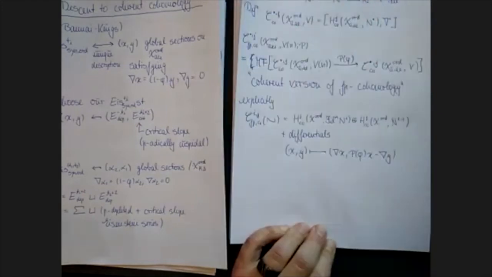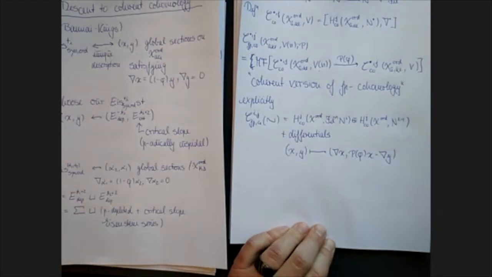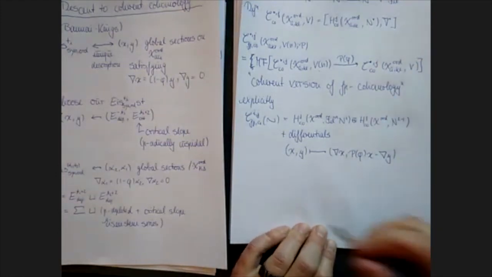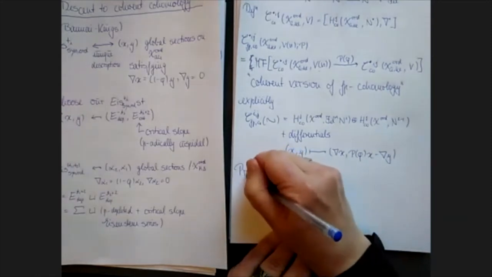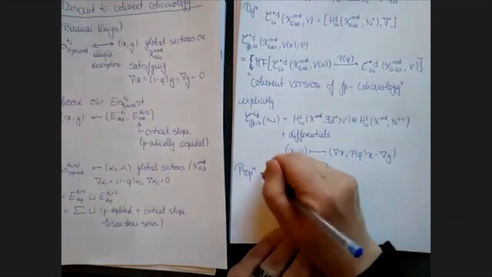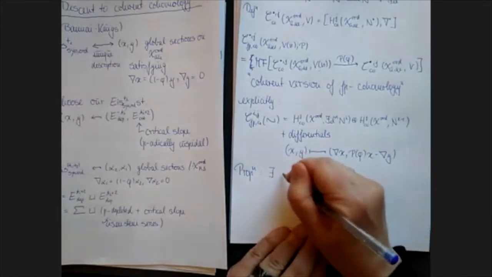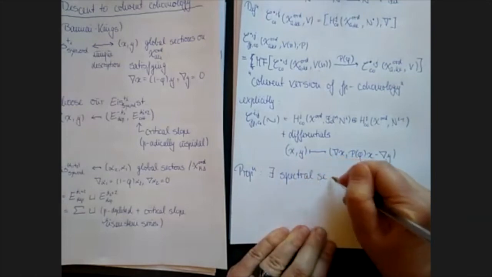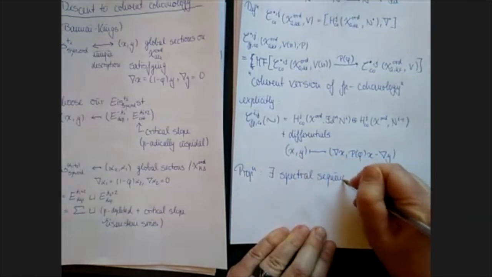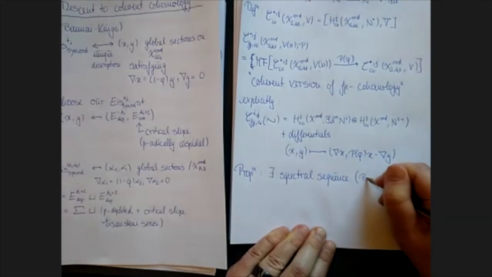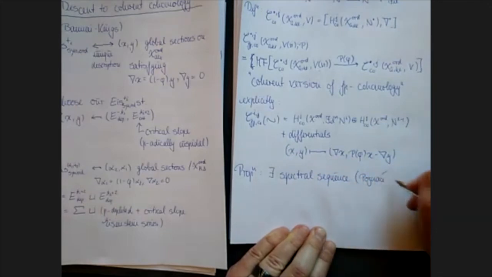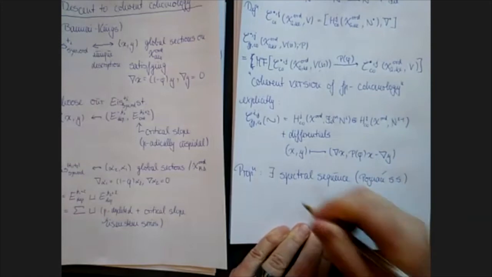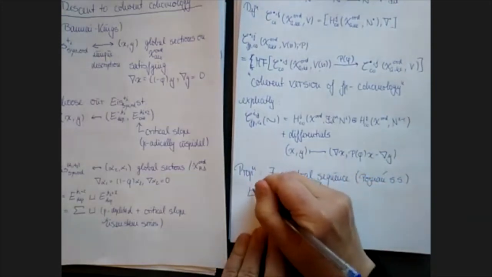So now that we have this coherent version of FP cohomology, we need to relate it to the FP cohomology of the ordinary locus. And we have the following proposition. Namely, there exists a spectral sequence, which we call the Poznan spectral sequence, which is as follows.